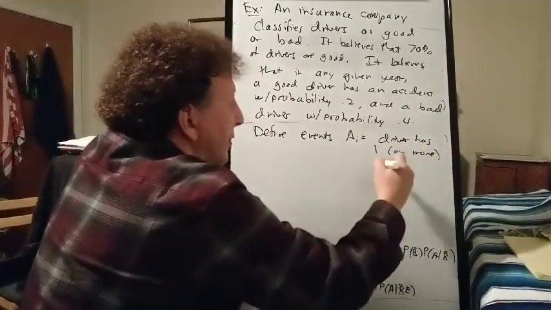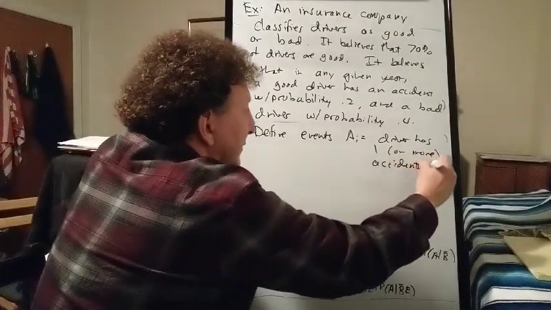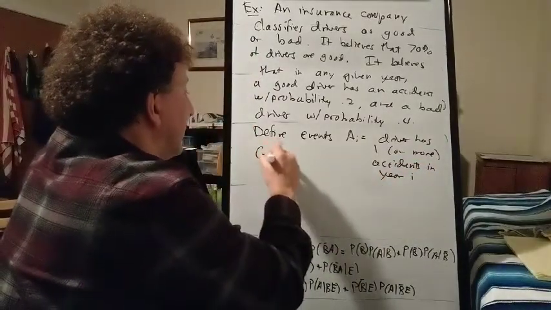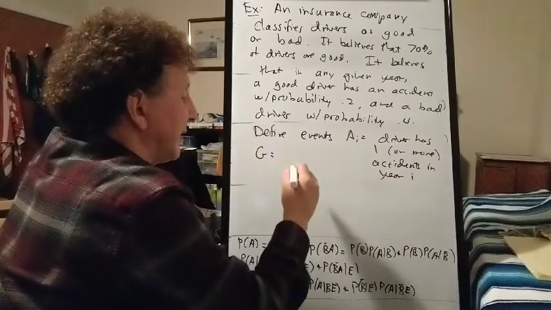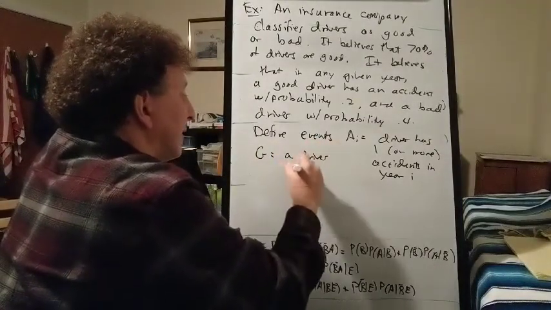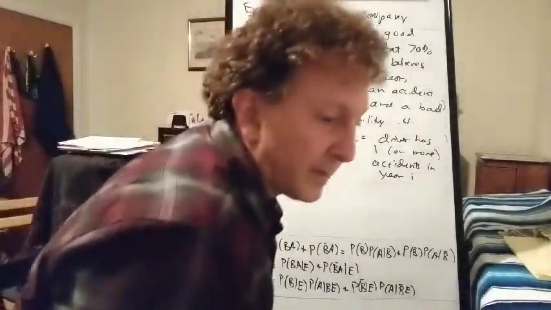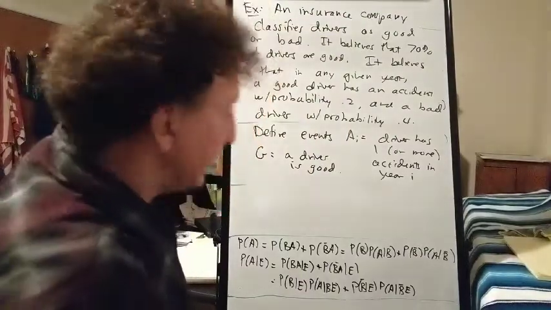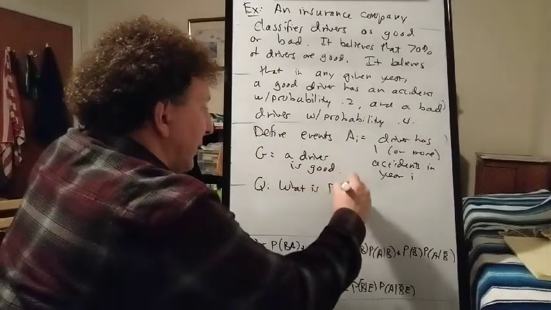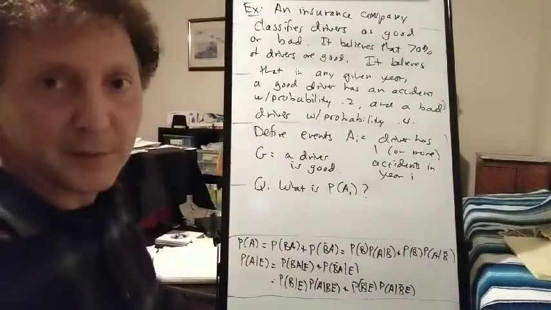I guess technically one or more accidents in year i, and let's let G be the event that the driver is good. So the question is, what is the probability that a driver has an accident in the first year that they get their policy?